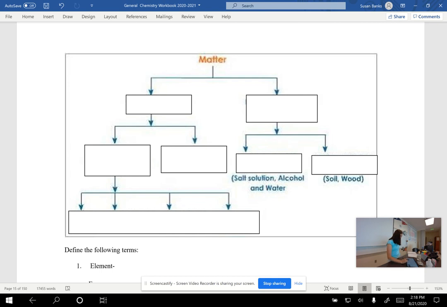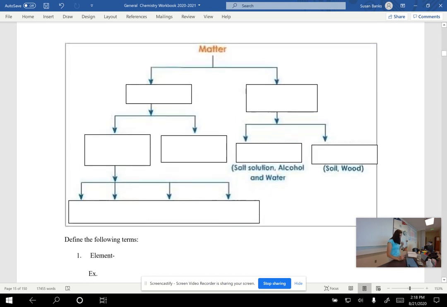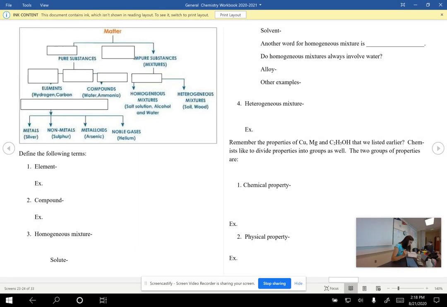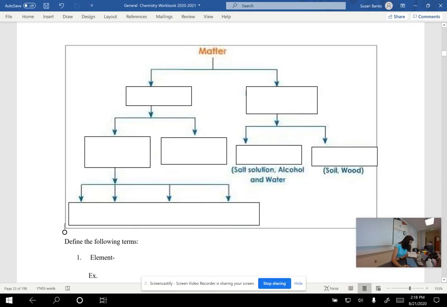We have pure substances and we have mixtures.